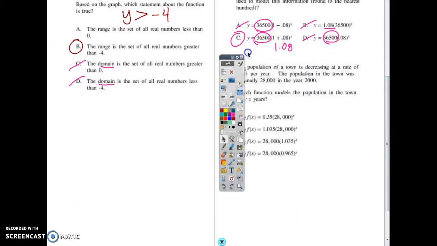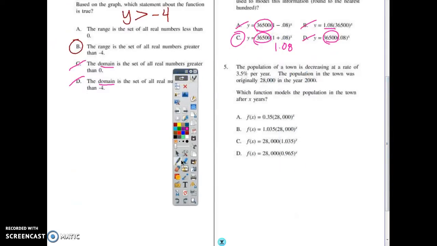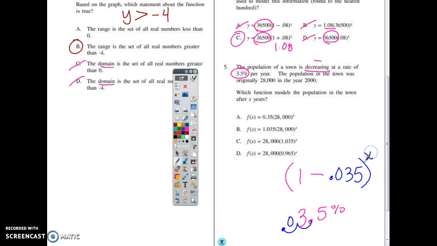Okay, right here. Same thing, just like what we did. It says the population of a town is decreasing. So that's minus 3.5%. So that's 1 minus 3.5%. Change it to a decimal. You move it to the left, so that's 0.035 to the power of x.